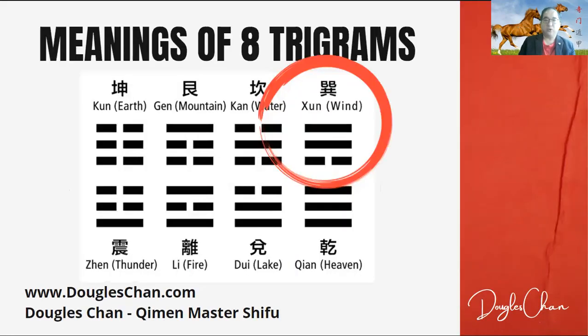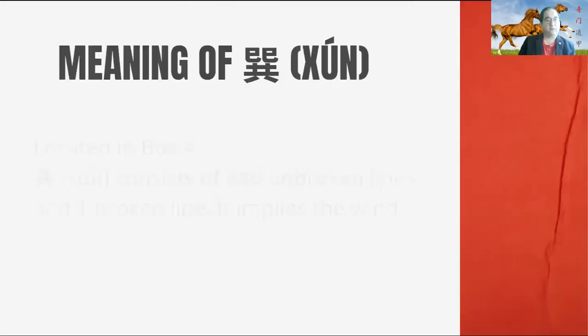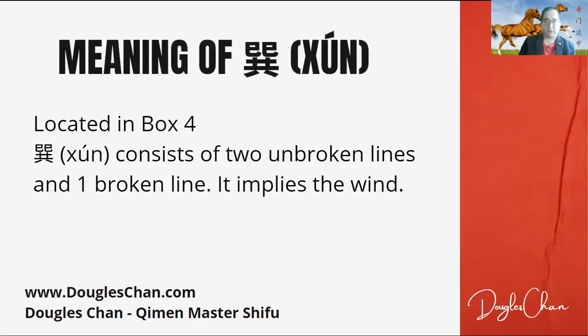Next, we go to Shin Gong. Shin is located at box 4 and consists of two unbroken lines and one broken line, and also implies wind. That means this is a very windy situation. So what does windy stand for? Wind stands for moving. It's not strong wind, but it stands for wind.